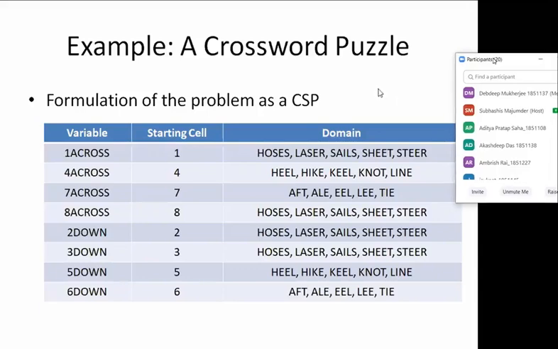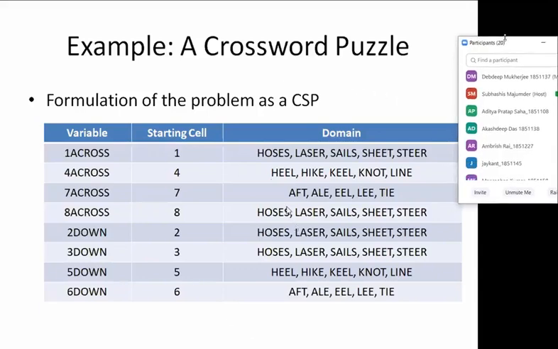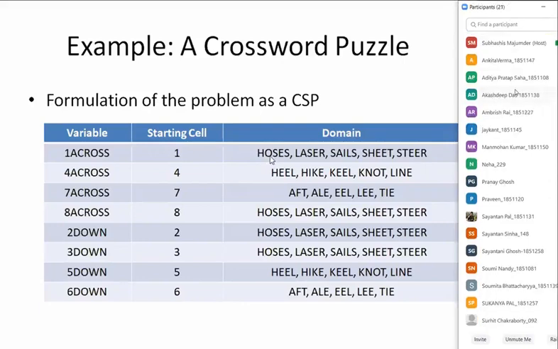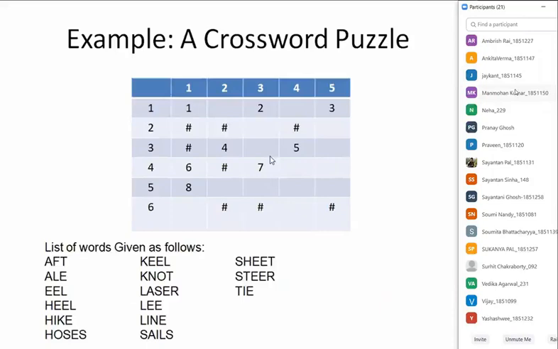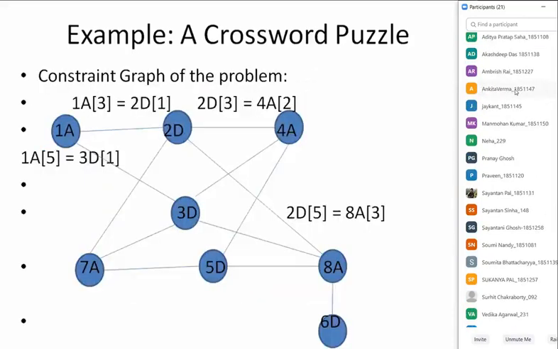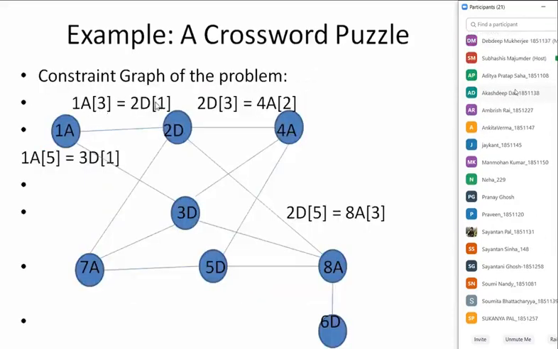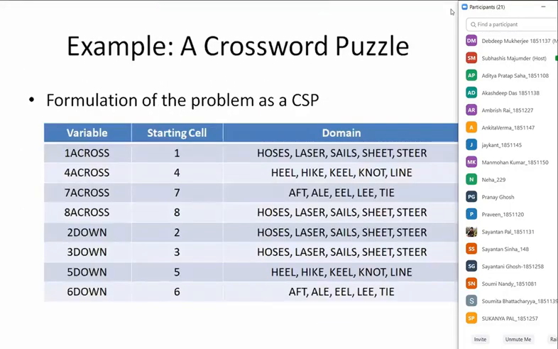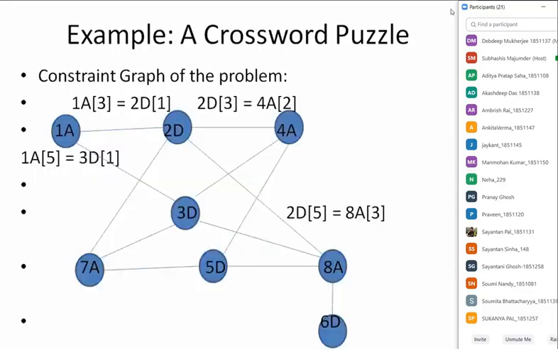Okay, so I hope by now you have understood the thing. If I put horses for 1 across, then A3 is S, and that will be equal to D1. So I have to go and search in 2D which words start with S. Now I have sales, sheet, steer. I will pick any one of them, go down the tree and check what else, then there is another constraint.